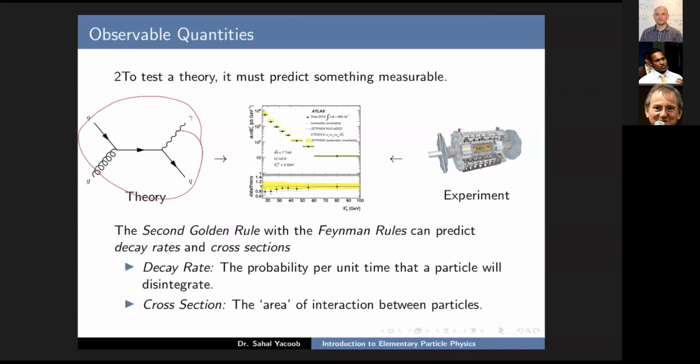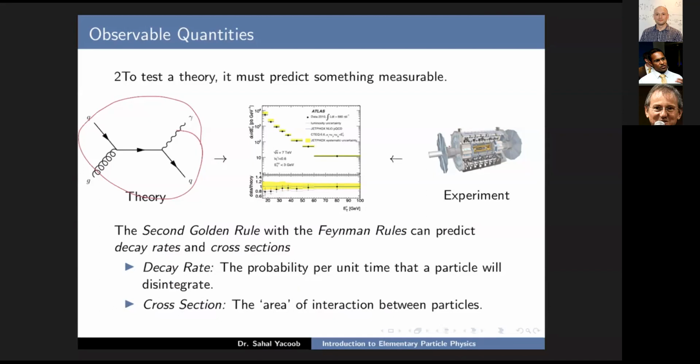The things that we calculate and then can compare to measurements are decay rates, which is the probability that a particle will disintegrate, and cross sections, which are essentially an understanding of the interaction between the particles, or a way of measuring the probability of interaction between the particles.